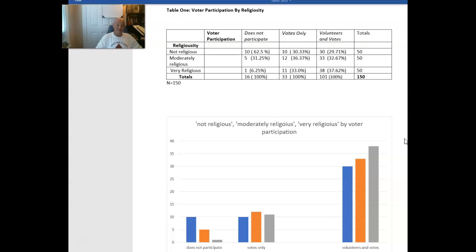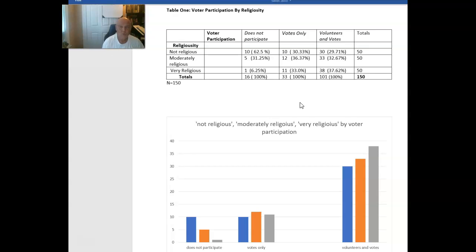I made it up. But what we want to do is to test a hypothesis. And the hypothesis is this: as people become more religious, that's called religiosity in the sociology of religion, they are more likely to have political participation.